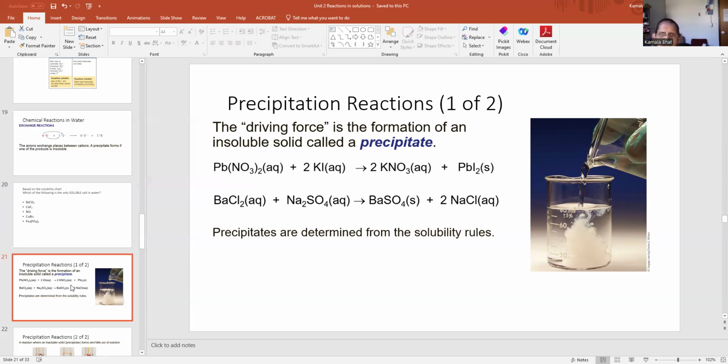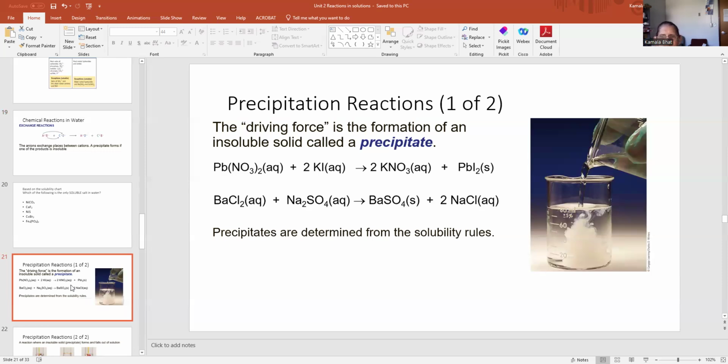Precipitation reaction: the driving force is the formation of an insoluble solid called a precipitate. For example, lead nitrate, when reacted with potassium iodide, gives potassium nitrate and lead iodide. Barium chloride, when reacted with sodium sulfate, gives you barium sulfate and sodium chloride.